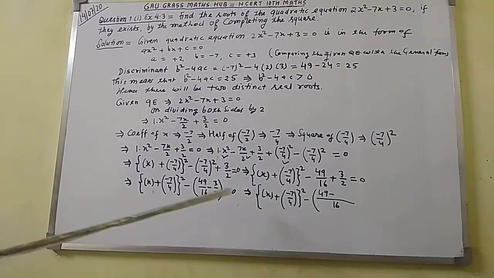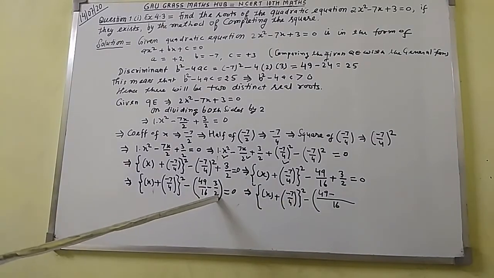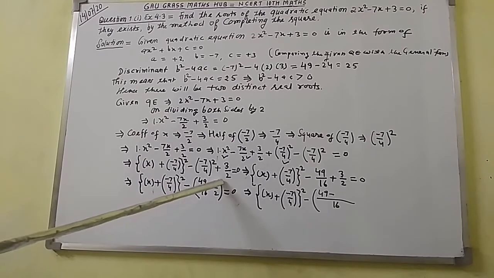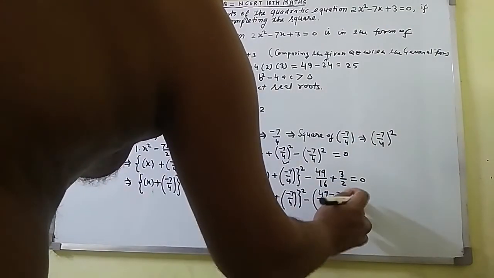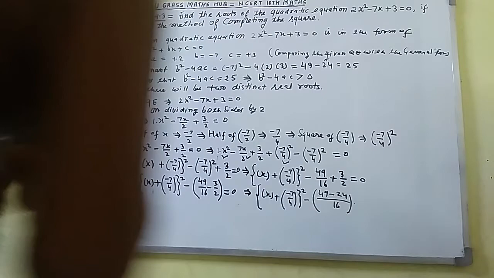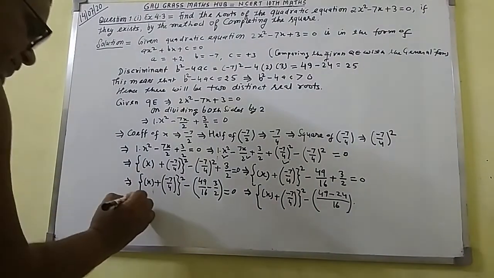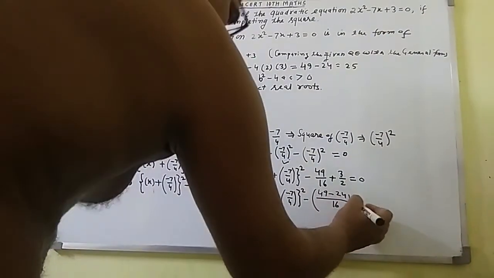In the denominator 2 is there. If you multiply by 8 you will get 16, so you multiply 8 to the numerator also. So here you will get 24. After that, this will become 0.